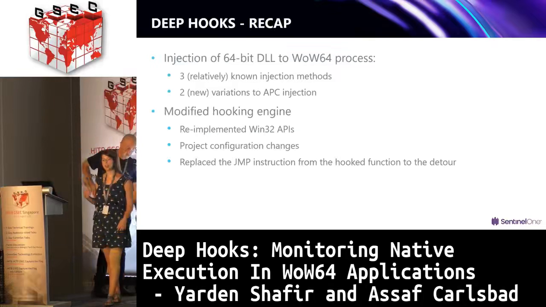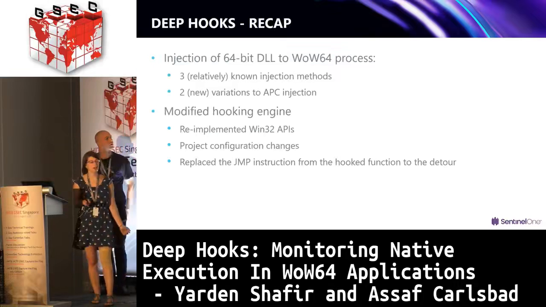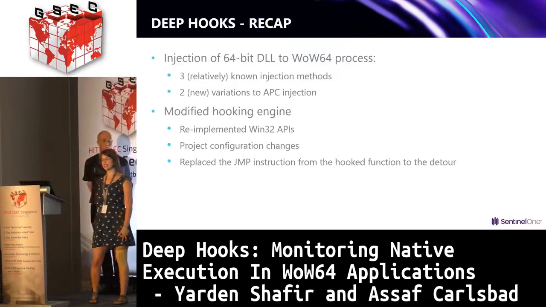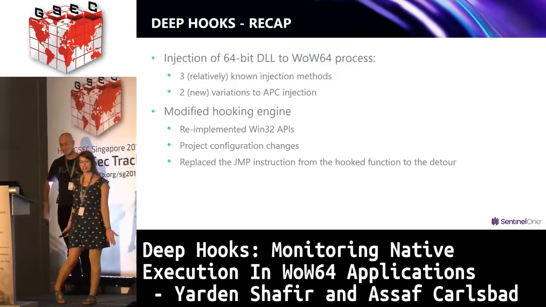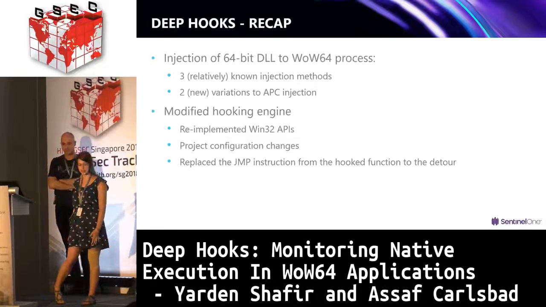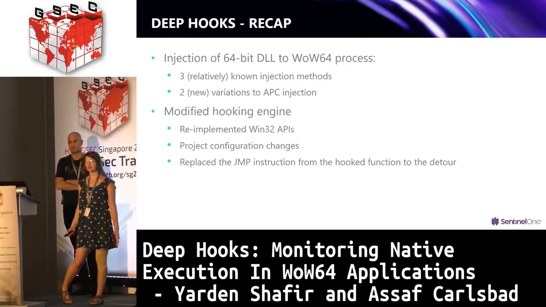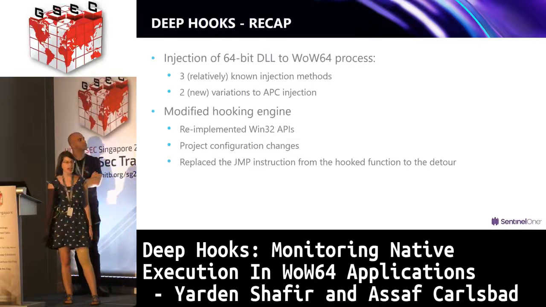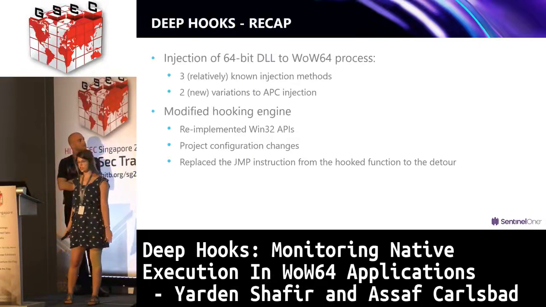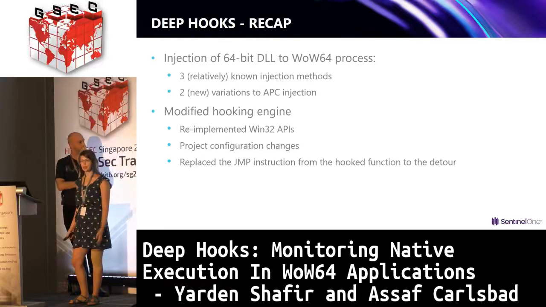Okay, so to summarize, let's have a quick recap of this talk. First, we needed an injection method capable of injecting 64-bit DLLs into WoW64 processes. We started with a few previously known methods and improved our APC injector to make it work on new Windows versions as well. Then we moved on to the hooking engine.